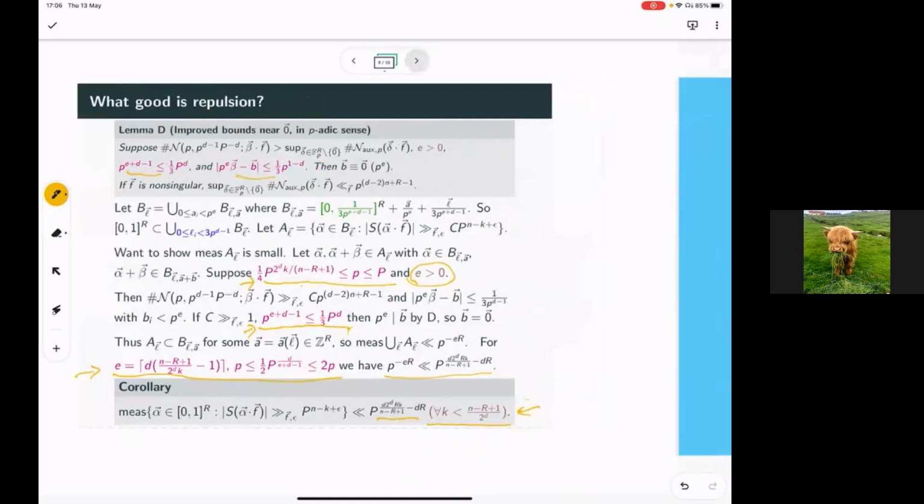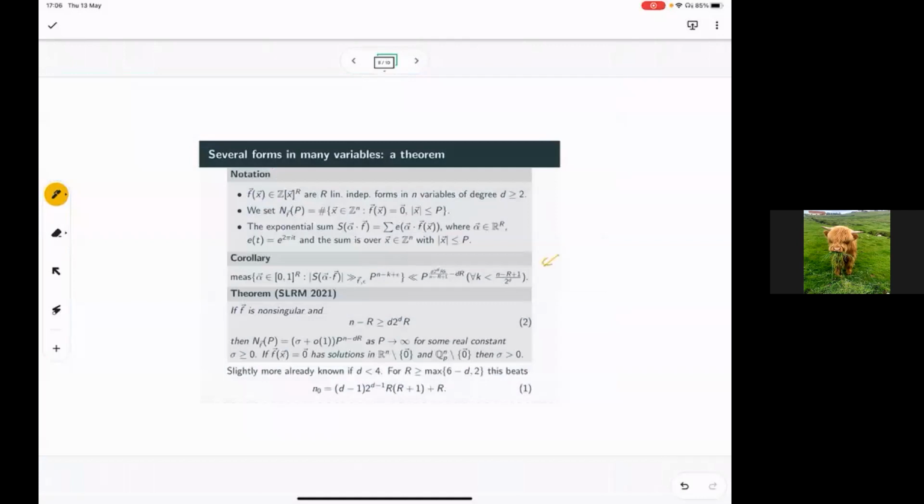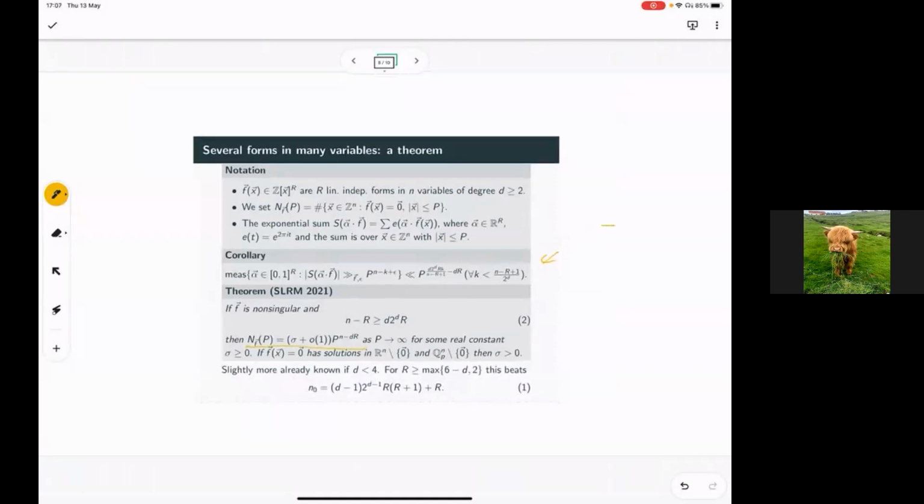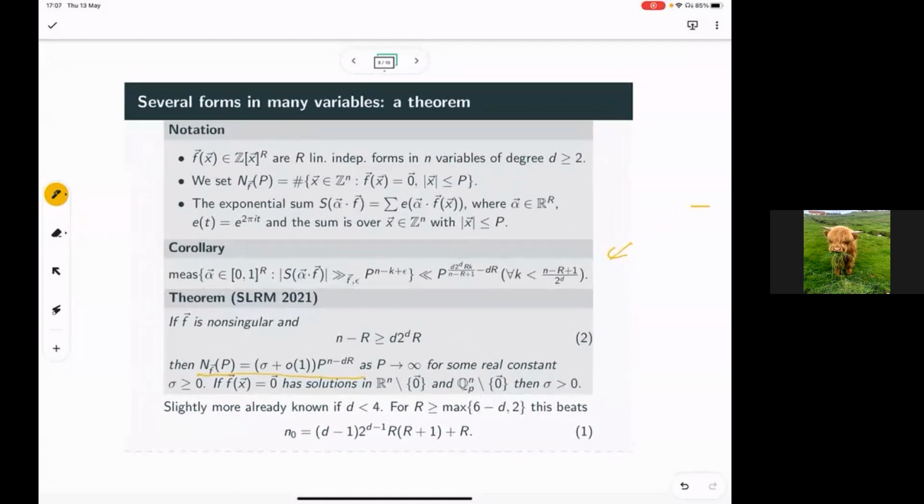Okay. So in particular, on the 8th slide, we can put this corollary together with the lemma on the measure of super level sets that we saw before, to get this asymptotic that we want whenever this fraction here is less than 1. So to be precise, what we need, this thing is d times 2 to the d times capital R divided by n minus capital R plus 1, all multiplied by k.